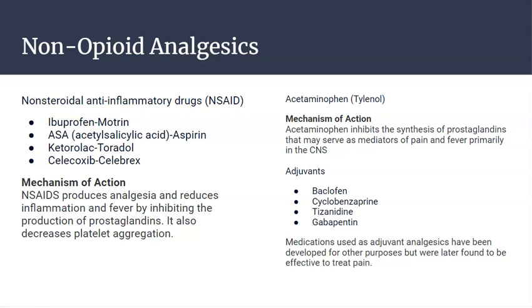And typically, adjuvants are medications that are given for something else, for another purpose. For example, gabapentin is given for neuropathy, but it can also be used as a pain reliever, an analgesic.